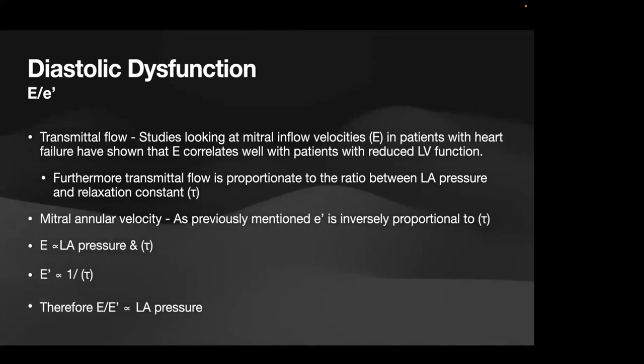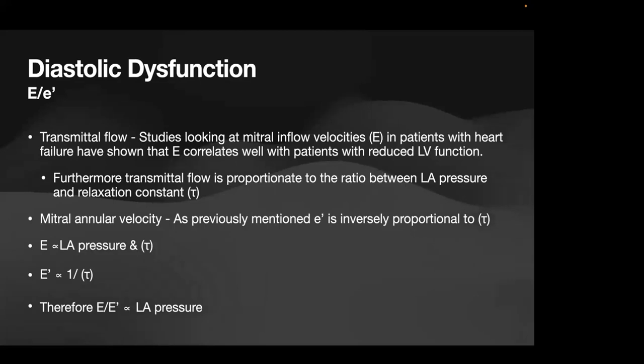The patterns that we discussed, normal, pseudo-normalization, restrictive pattern, etc., can correlate quite well with patients who have heart failure. So the higher the stage or grade of heart failure, the more changes you'll see in your E transmitral flow and your filling parameters.